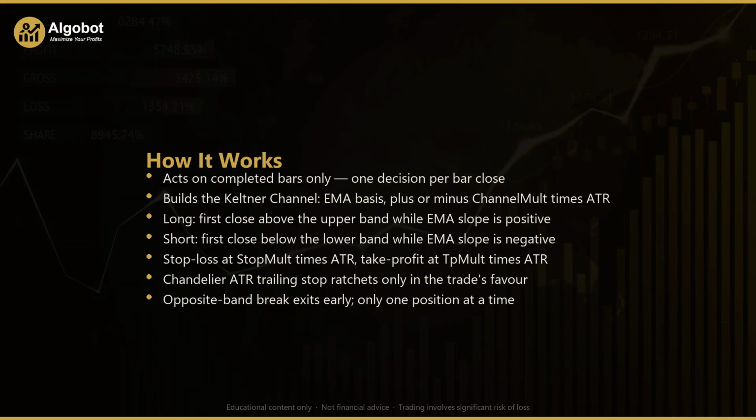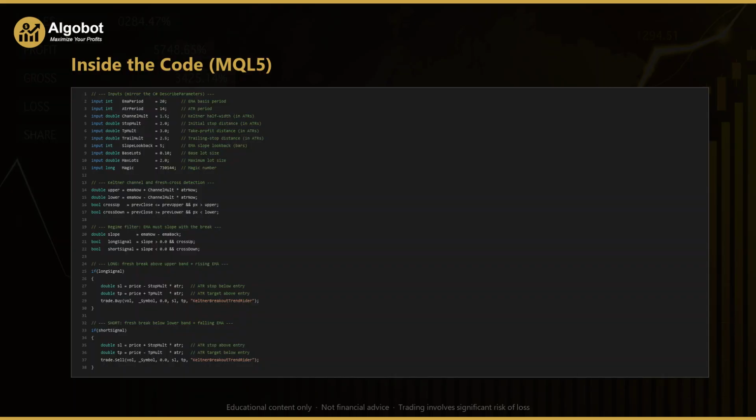It ratchets closer to lock in progress and never loosens. Finally, if an opposite fresh break appears, the expert advisor closes the current position early, treating that as an exit warning. Only one position is ever held at a time, with no averaging and no grid, which helps keep risk contained.